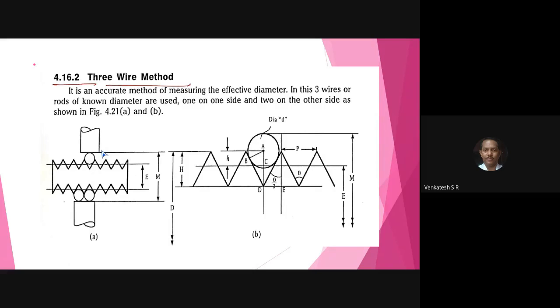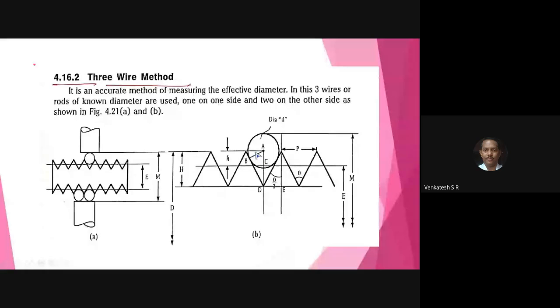For this, first draw the diagram like this. H indicates half of the major diameter, and uppercase D is the major diameter. M is the diameter over the wires.